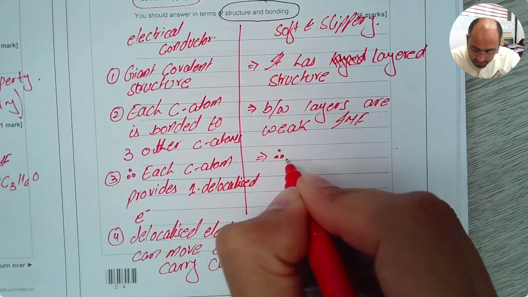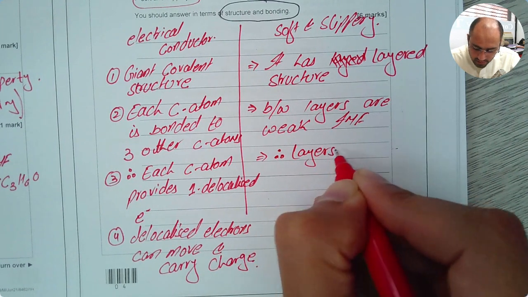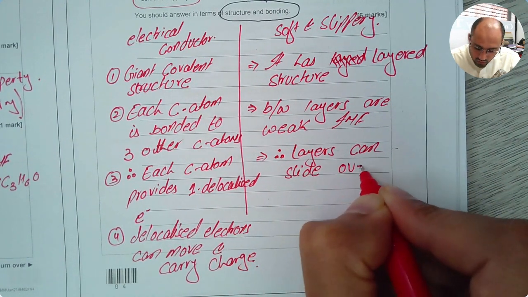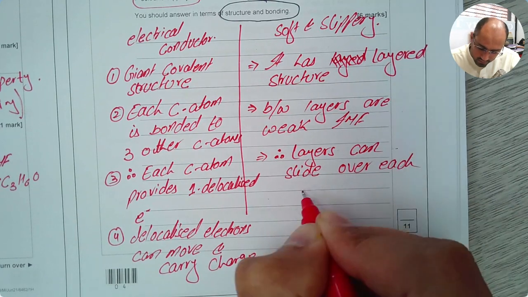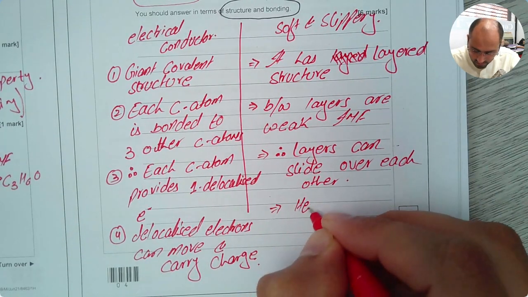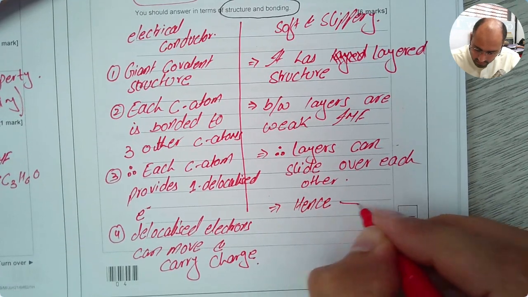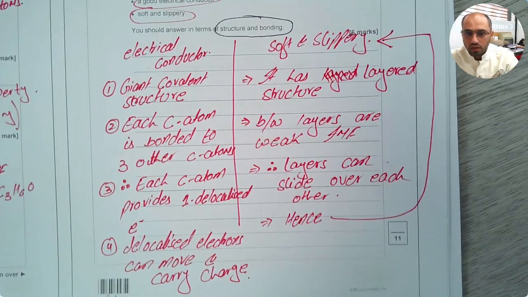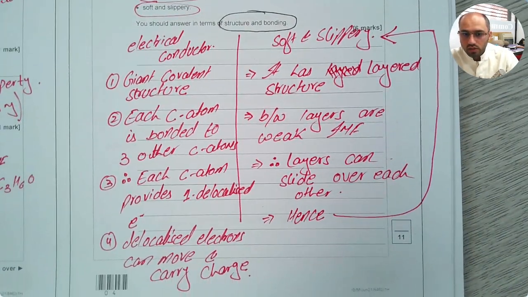Therefore, layers can slide over each other. I can then say hence soft and slippery. And this will get us 6 marks on this question.